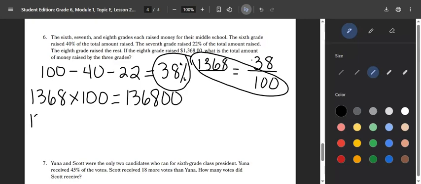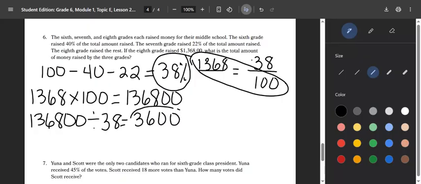And then take that and divide it by the 38. And that will get you 3,600.